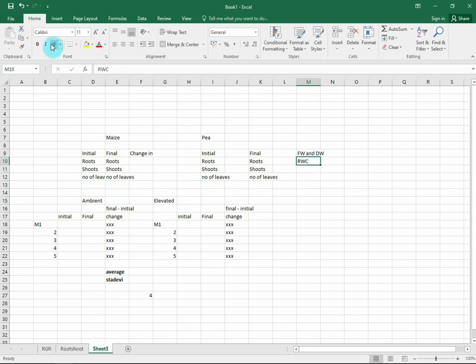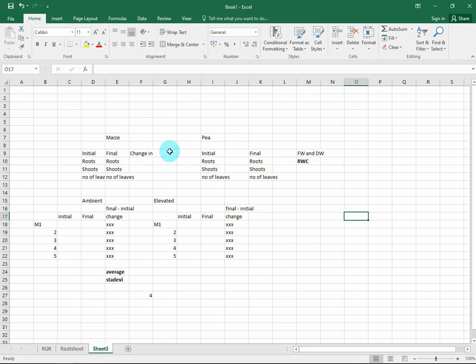I'm not going to tell you how to do relative water content. If you want to, you can go look it up. Just saying that it is a very smart move to do.